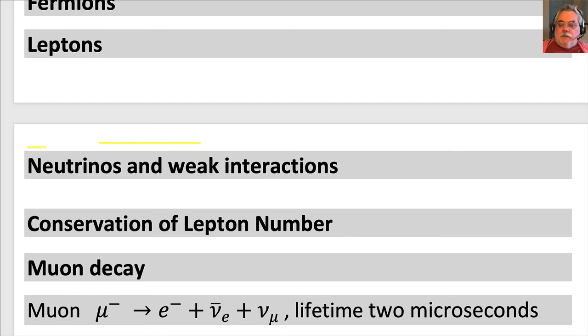This is a correct representation of muon decay, but we could dig deeper. Firstly, this decay is due to the weak interaction, which is mediated by the W plus and minus bosons, but we don't see these bosons in the decay equation.